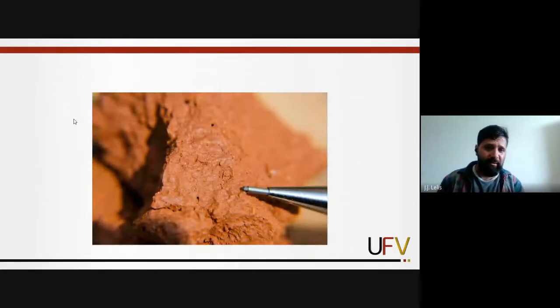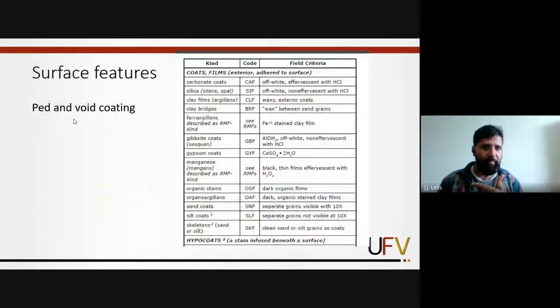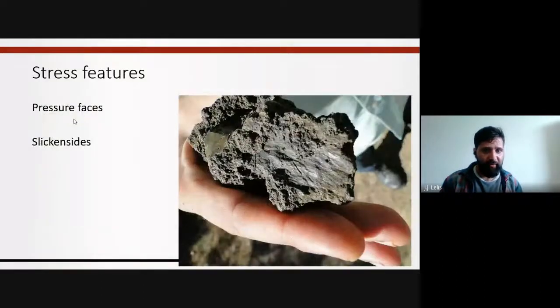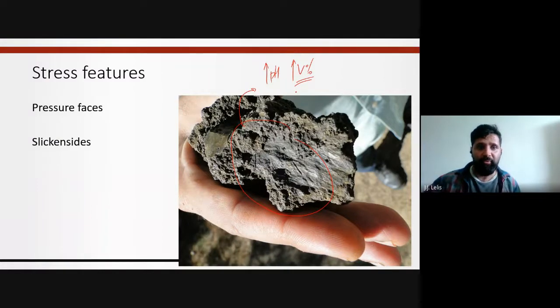And these surface features don't help a lot to understand the natural fertility, but generally we can find these materials, these pressure phases, in materials that have a high pH and a high base saturation, so a high natural fertility.